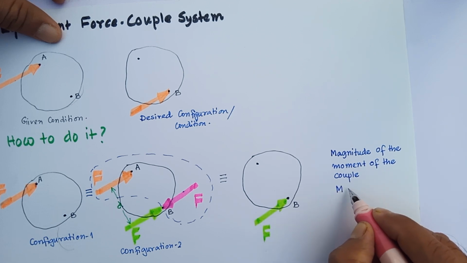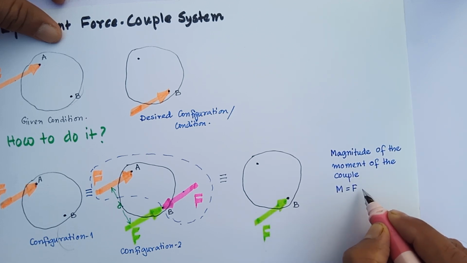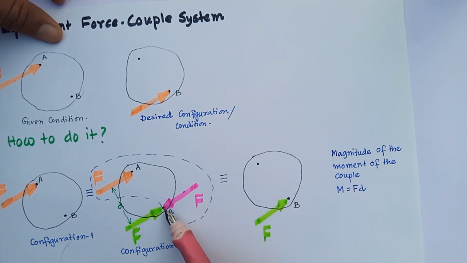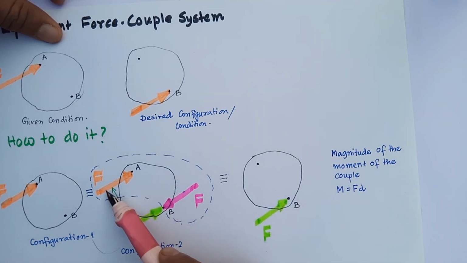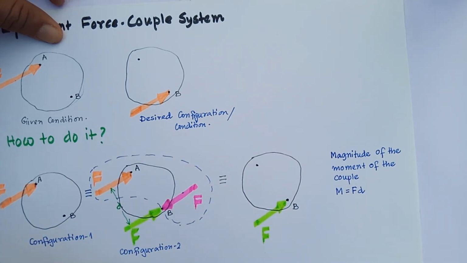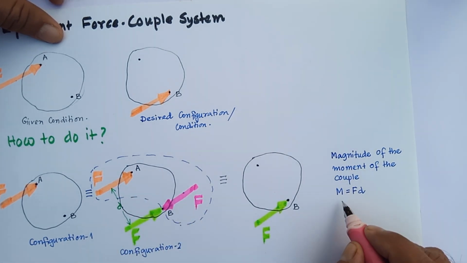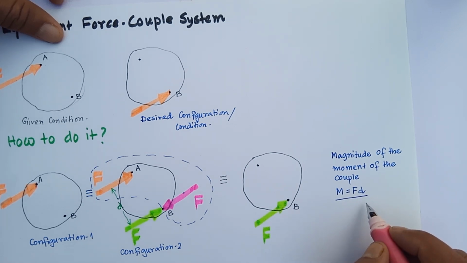So that is M equal to F into D, because these two forces have the magnitude F and their perpendicular distance is D. Moment means basically if I take moment about this point, then it will have a value of FD, or if I take a moment about this point, it will have a moment of FD in the same direction definitely, or if you take moment about any point, then also it will produce FD, right? So that is the moment of the couple.